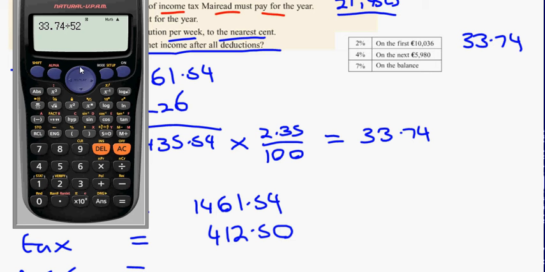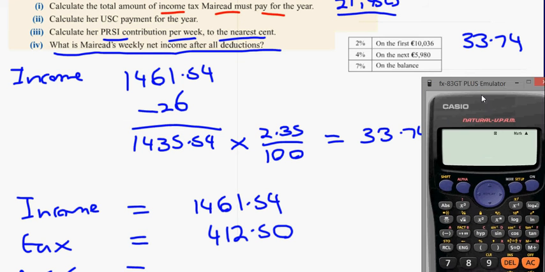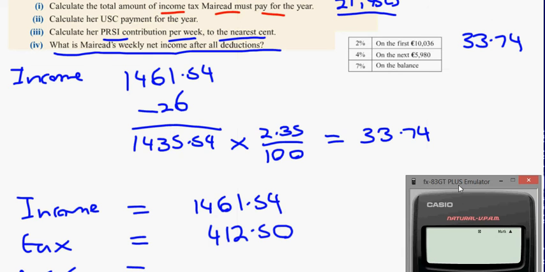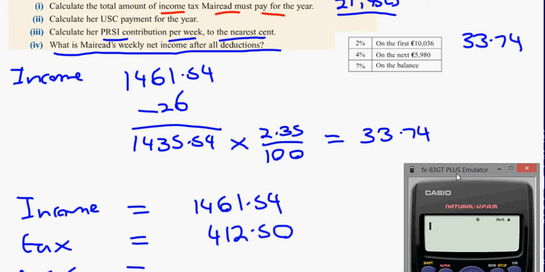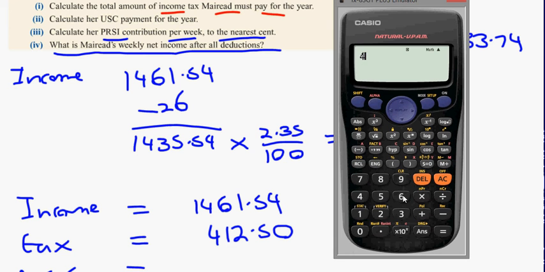Sorry, I mean her USC came out at 4,638.80.